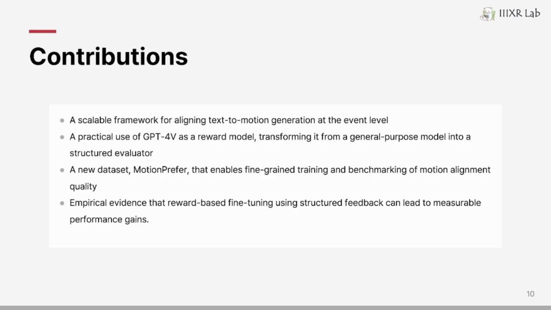More broadly, this paper demonstrates that large vision language models can be used not only as generators but also as structured evaluators and learning agents. This opens new directions for controllable generation, not only in motion synthesis but potentially also in video animation and robotics.